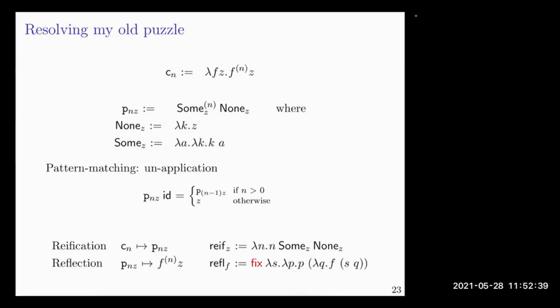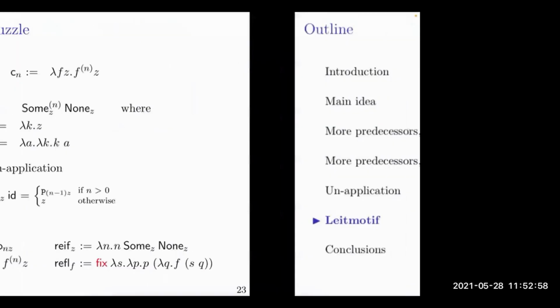One might think that this piling up of reification upon reflection would make the predecessor very slow, but in fact it's one of the fastest predecessors. So it actually works quite well.